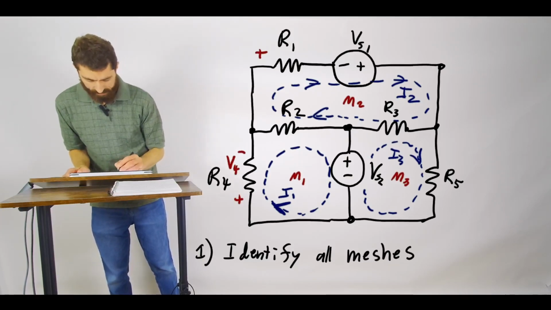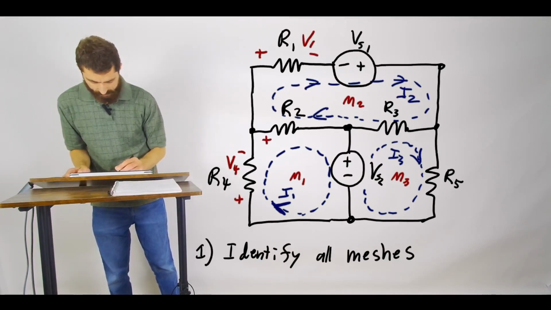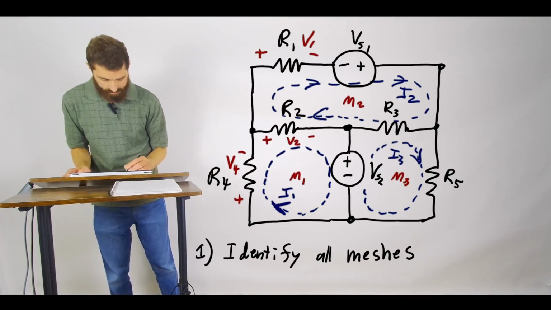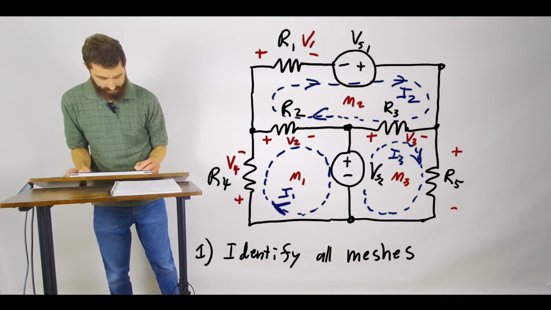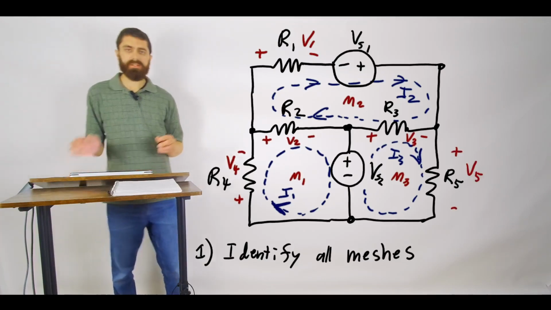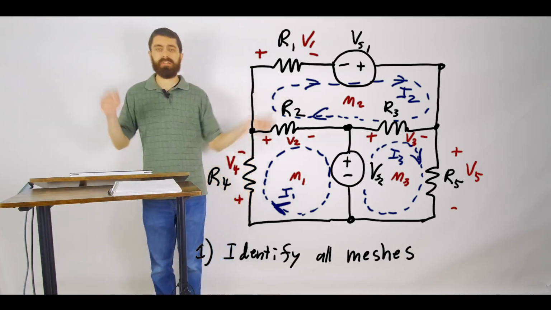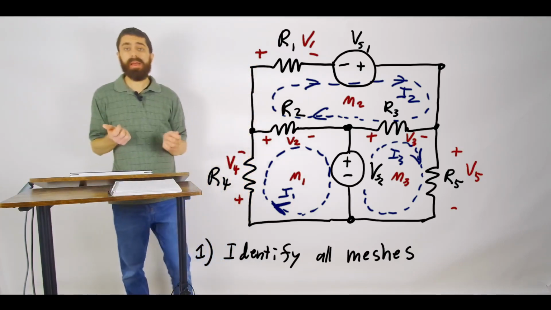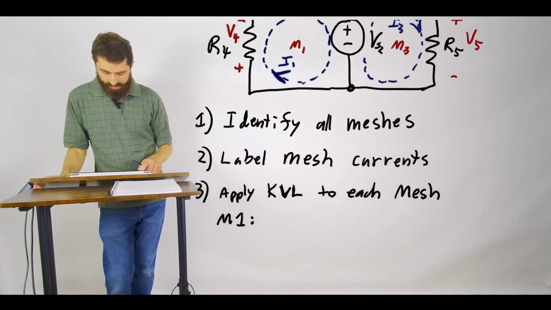I'll call this plus and minus V1, plus and minus V2, plus and minus V3, and then plus and minus V5. And again, I just arbitrarily assigned the orientation, because as long as I'm consistent in my math, it shouldn't matter. So let's go ahead and do that.